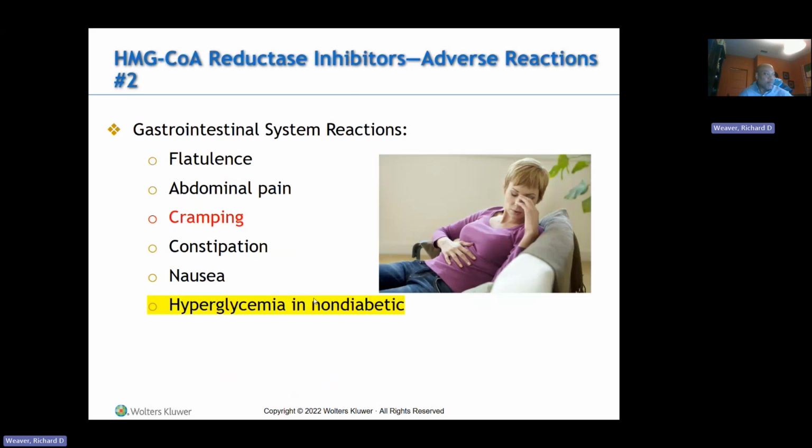Constipation, nausea, hyperglycemia in non-diabetic patients, and that's because typically this drug causes insulin resistance. If you have insulin resistance, this drug can actually cause blood glucose levels to increase.